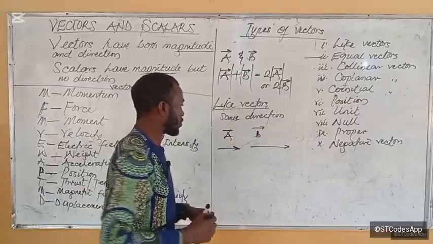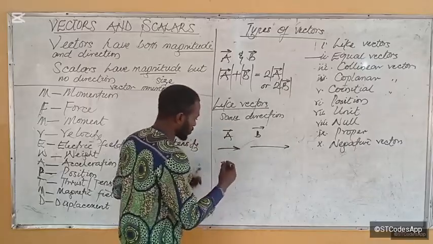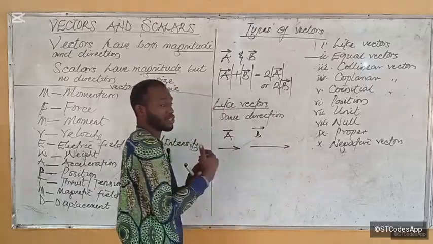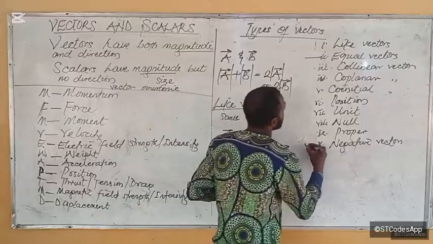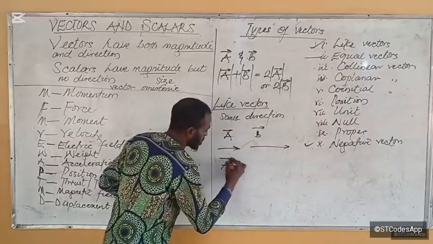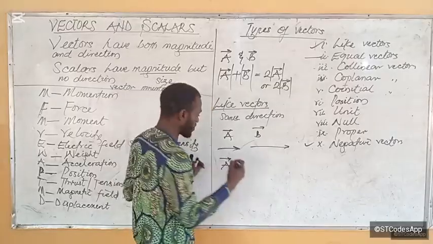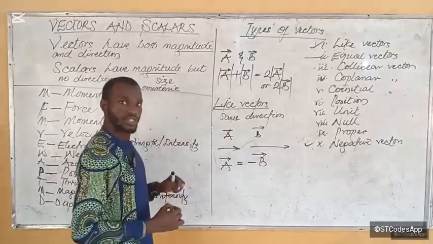If vector A is equal in magnitude to vector B, but is traveling in an opposite direction to vector B, then they are negative vectors. If vector A and vector B are negative vectors, then we can say that vector A is equal to negative of vector B. Do you understand now?